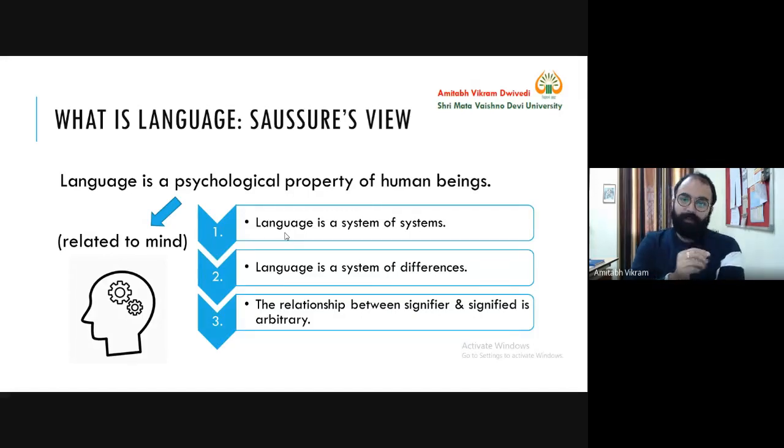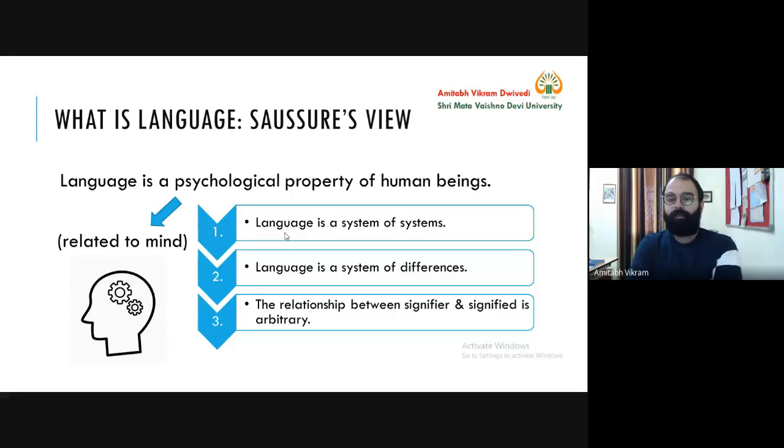A system is an organization, something that is organized, something that is formed. If you look at language, you will find that there is not only one system, but so many systems, and all those systems are interlinked with each other.